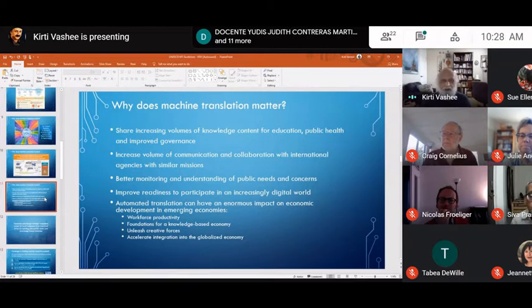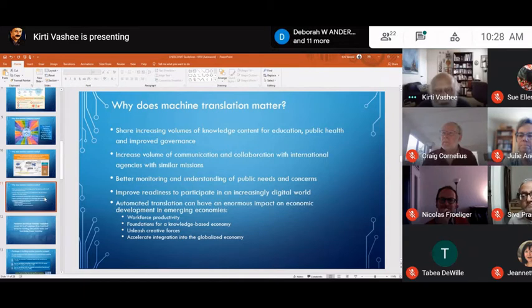And so, these are some of the reasons that many countries that have attempted to build more robust machine translation technology capabilities gave. There's better monitoring of understanding of public needs and concerns. While the elite populations all tend to speak English, the bulk of the local populations don't.